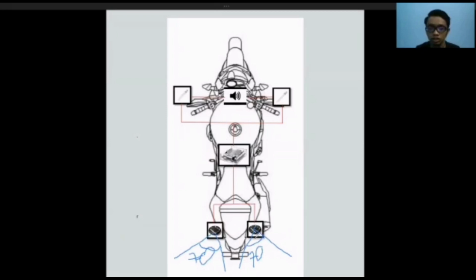Okay, this sensor senses two ranges. For the first step, it senses up to 10 meters, around 5 to 10 meters, and gives a first signal on the LED so that the driver will be aware if any vehicle is approaching.